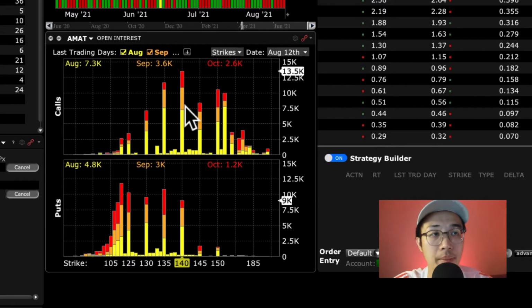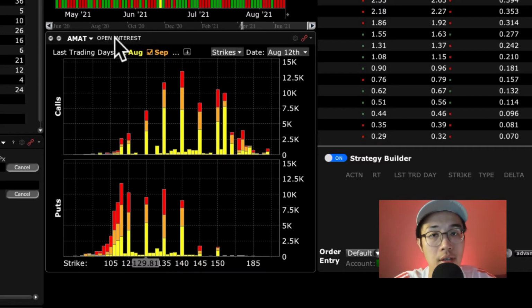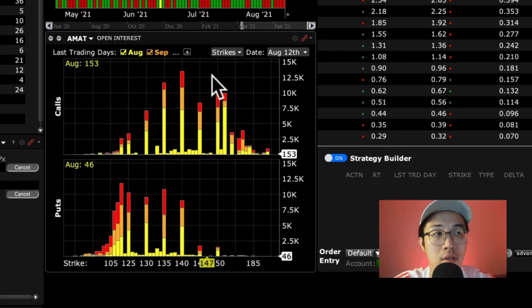And also, as I mentioned before in an earlier video, the option open interest is a tool that we can use to predict where the prices may gravitate towards. Normally, the options with the highest open interest tend to be those areas of interest.